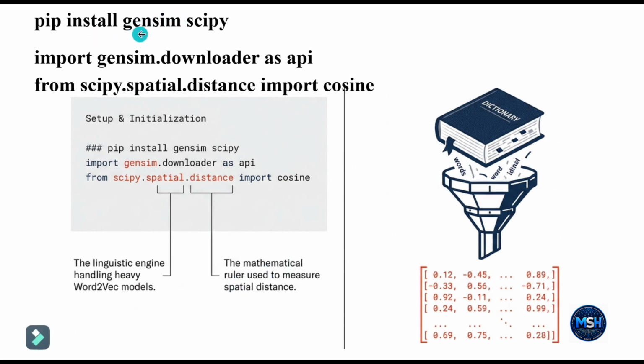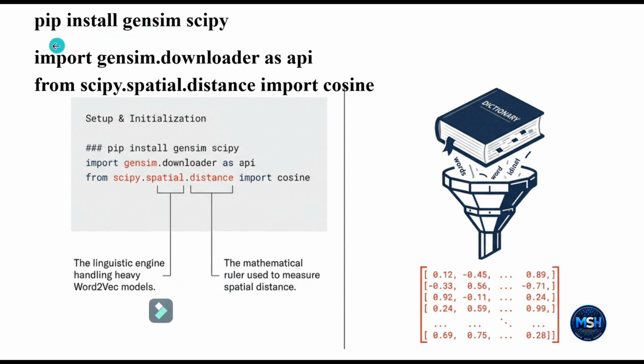The command is pip install gensim scipy. Gensim is used to load modules like word2vec, and scipy means scientific Python. You use it to find the cosine similarity between the words.